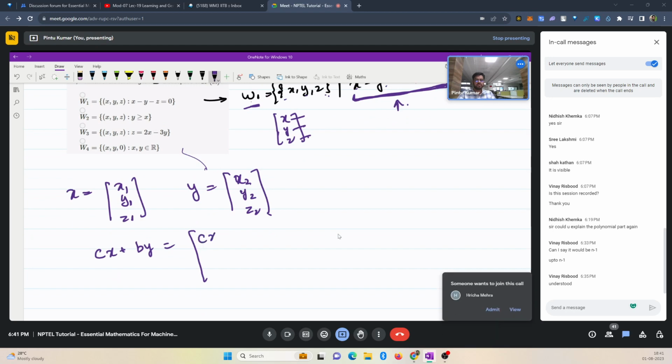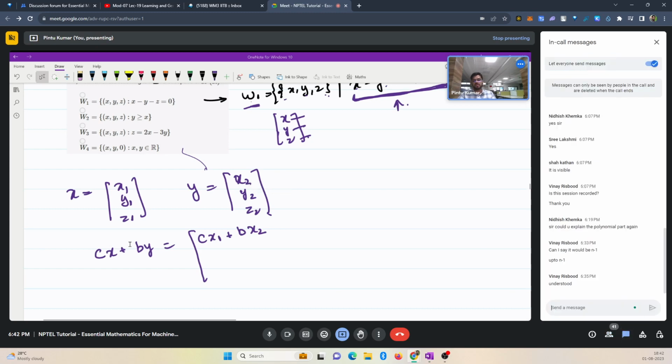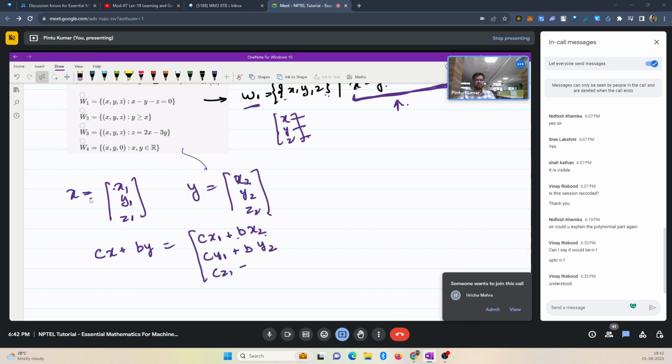This would be C times x1 plus B times x2, then Cy1 plus By2, then Cz1 plus Bz2.